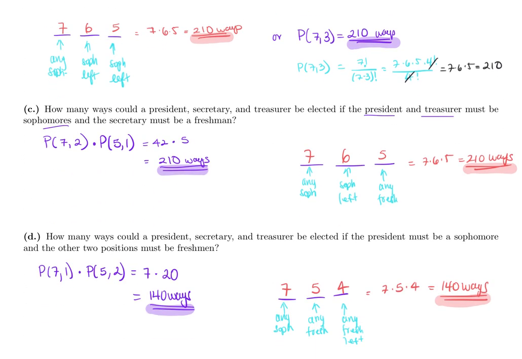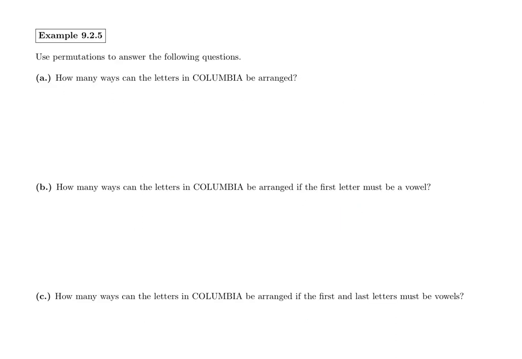So the same thing could be said for all of the rest of these. For example, 9.2.5, I'm asking you to use permutations to answer the following questions. A says, how many ways can the letters in Columbia be arranged? Well, if you count them up, there are 8 letters in the word Columbia.